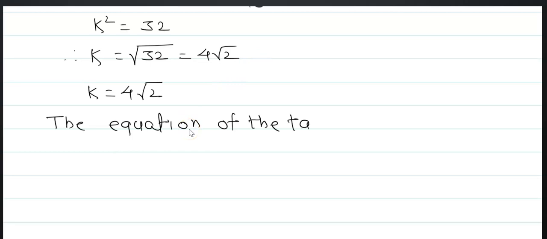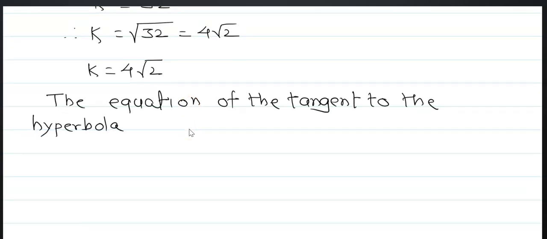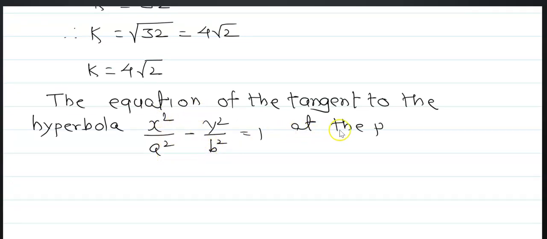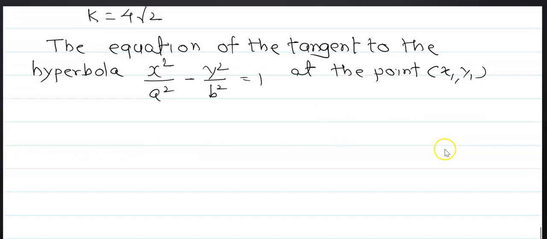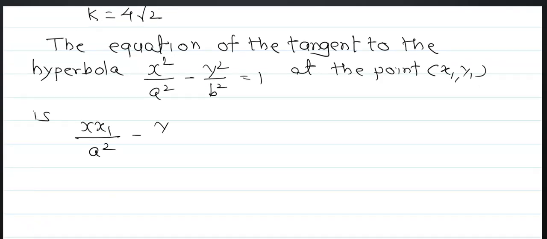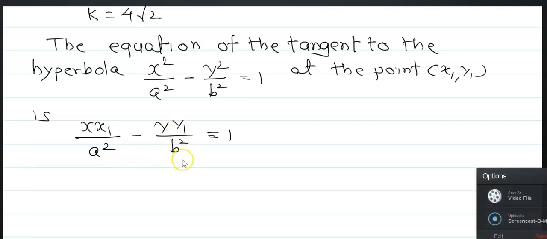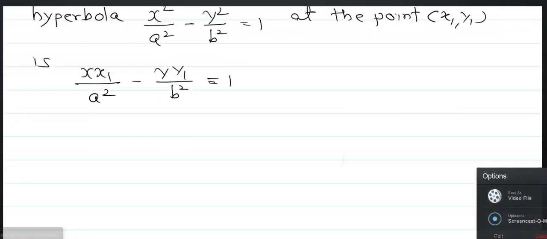The equation of the tangent to the hyperbola x square upon a square minus y square upon b square is equal to 1 at the point x1 y1 is x x1 upon a square minus y y1 upon b square is equal to 1.